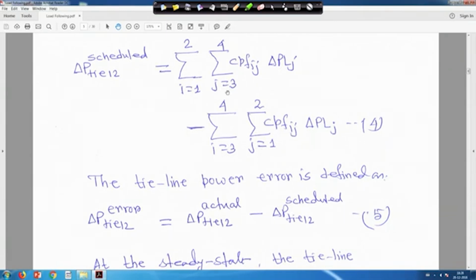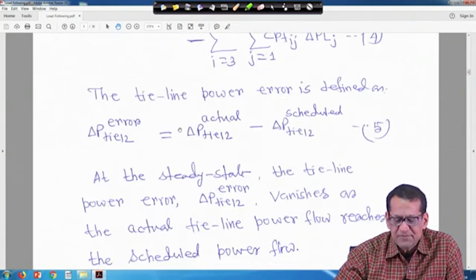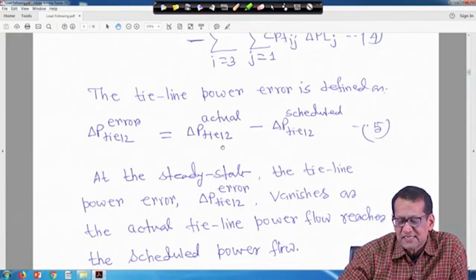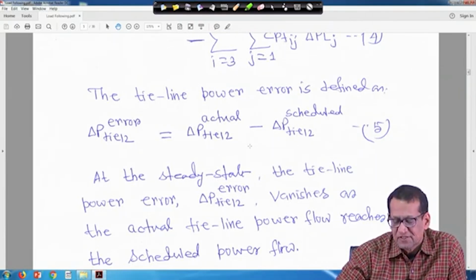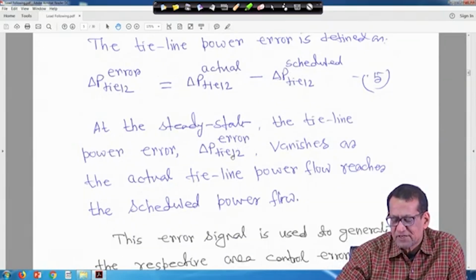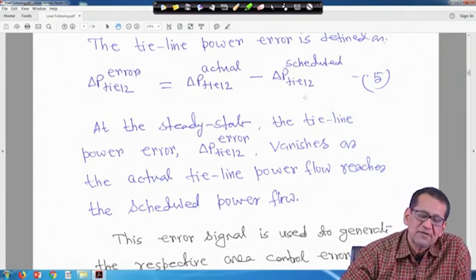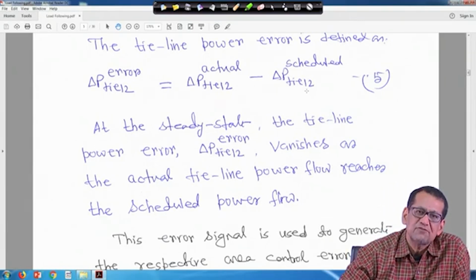This is equation 4. This equation we have already seen for 2 GENCOs and 2 discos in each area for the 2 area system. So, same equation, and the tie line power error is also defined as delta P 1 to 2 actual minus delta P 1 to 2 schedule. So, at the steady state delta P 1 to 2 error will vanish. In that case at steady state delta P 1 to 2 actual is equal to delta P 1 to 2 schedule, that also we have seen.